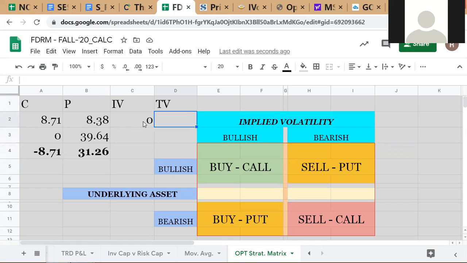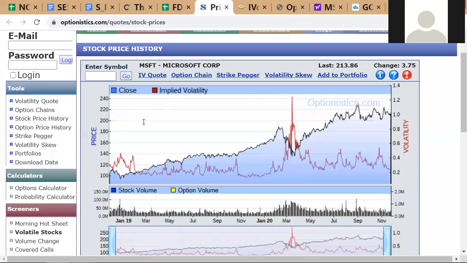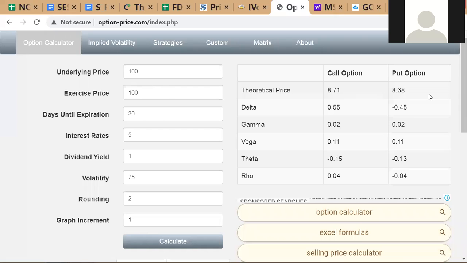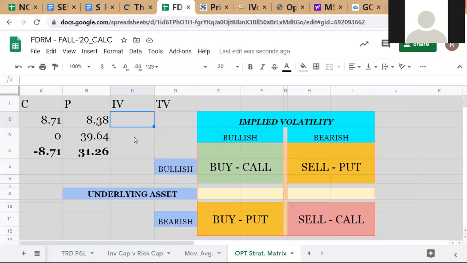You understand what I'm trying to say: the intrinsic value of both the call and the put was 0, but each of them had over $8 of time value because of the high level of the eyeball.